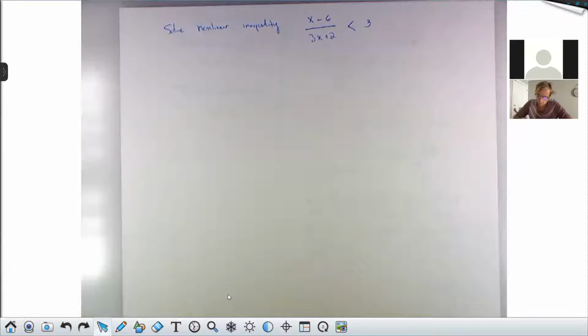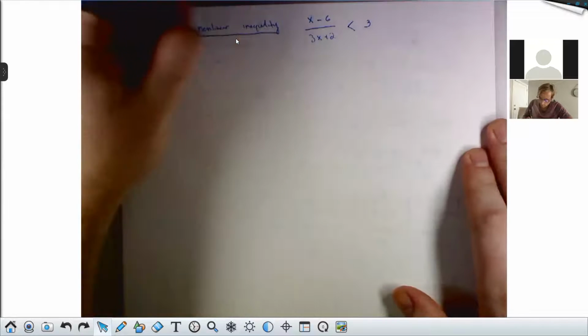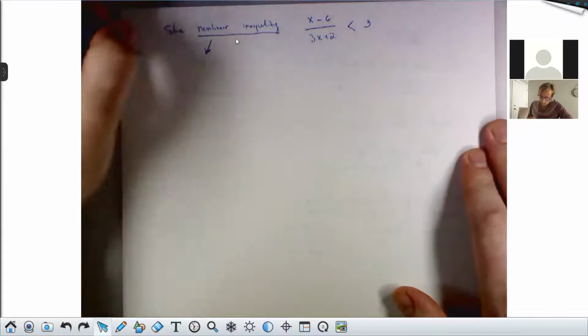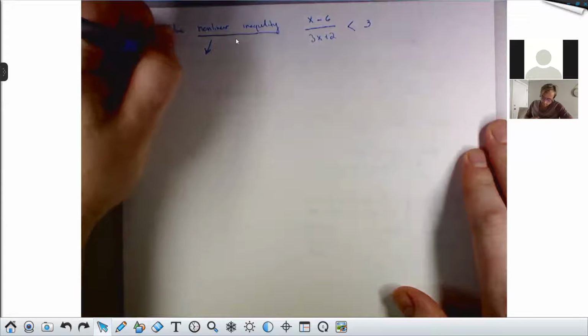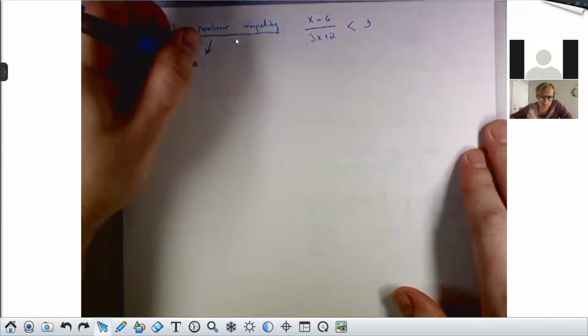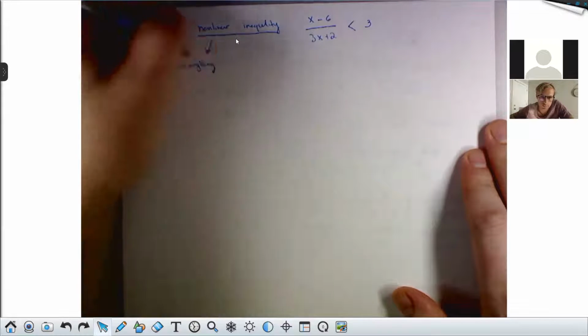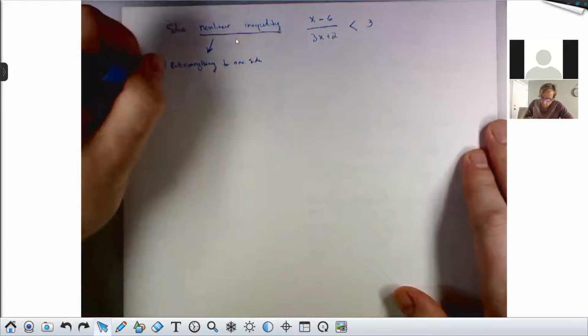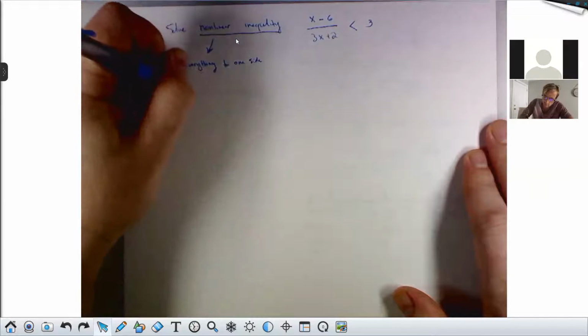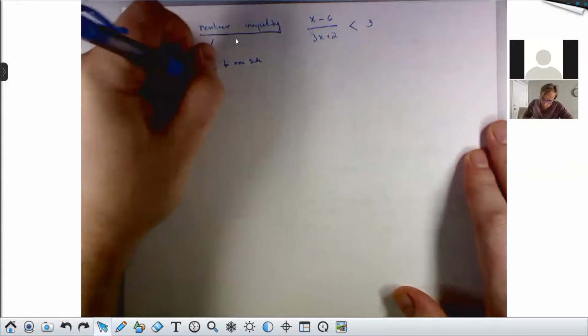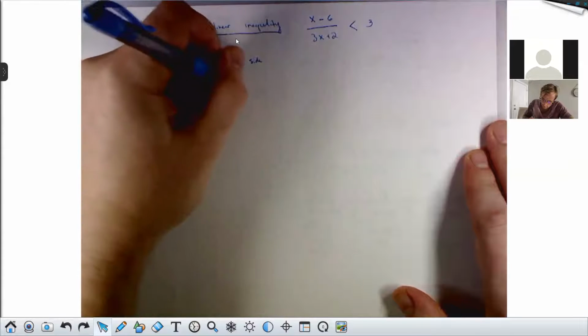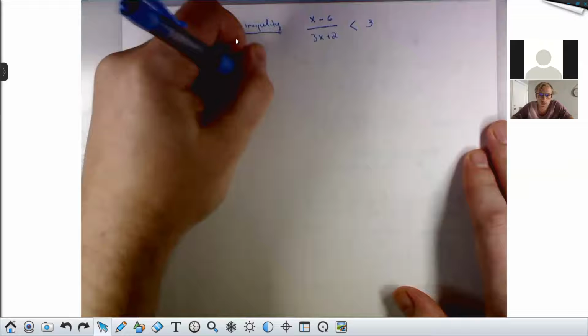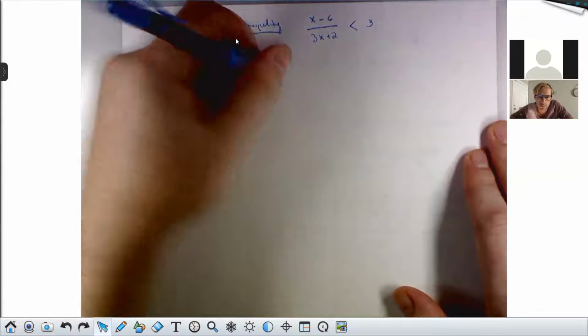The idea here is the same basic principle, because again, it's a nonlinear inequality. The steps for these: first, we pull everything to one side. Then we combine into a single fraction if necessary, which will be necessary here.